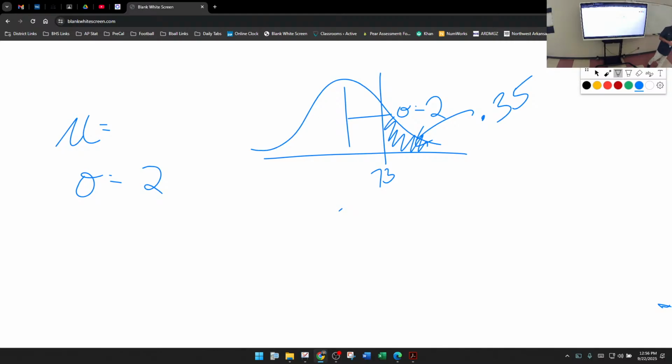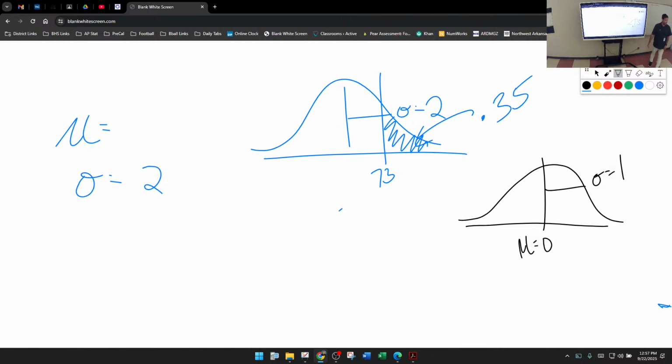Well, that's where you guys have to associate this distribution with a standard normal distribution. What I mean by a standard normal distribution is, in a standard normal distribution, they don't have to give me three things. They only have to give me one thing, because I already know that that's 0 and that's 1.